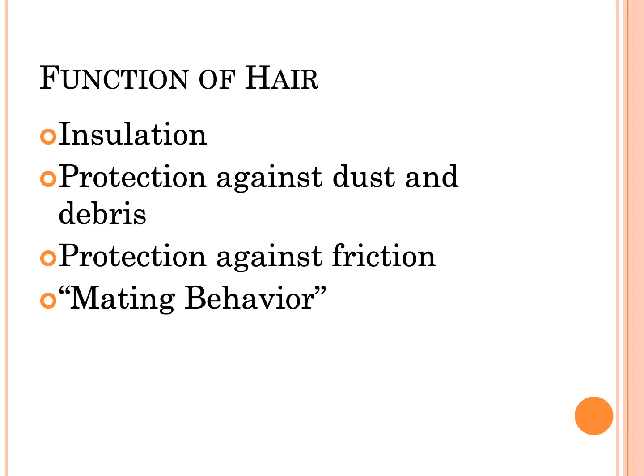It creates a barrier that increases the distance at which friction energy has to travel before it causes damage to the epidermis. And it can be used in mating behaviors. It's the preening and the primping that we will do in order to attract a mate. It's also the behaviors of picking on hairs that we may see in between kin as well as in between partners.